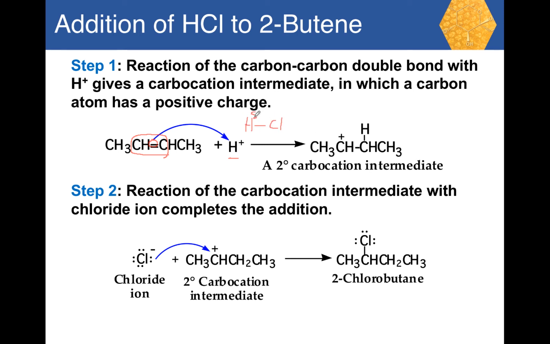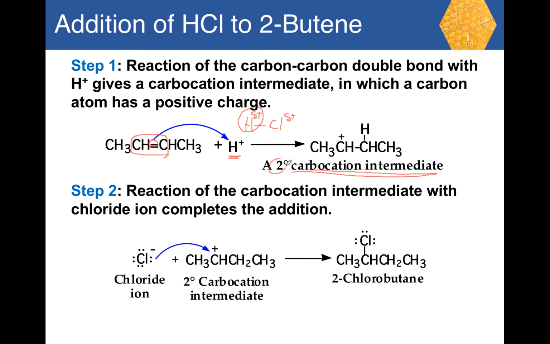Remember, we said this is partially positive and this is partially negative. So because of this proton here, we can also write it as H plus. So the electron moves to the H plus, as indicated by the arrow, to form here a carbocation intermediate.